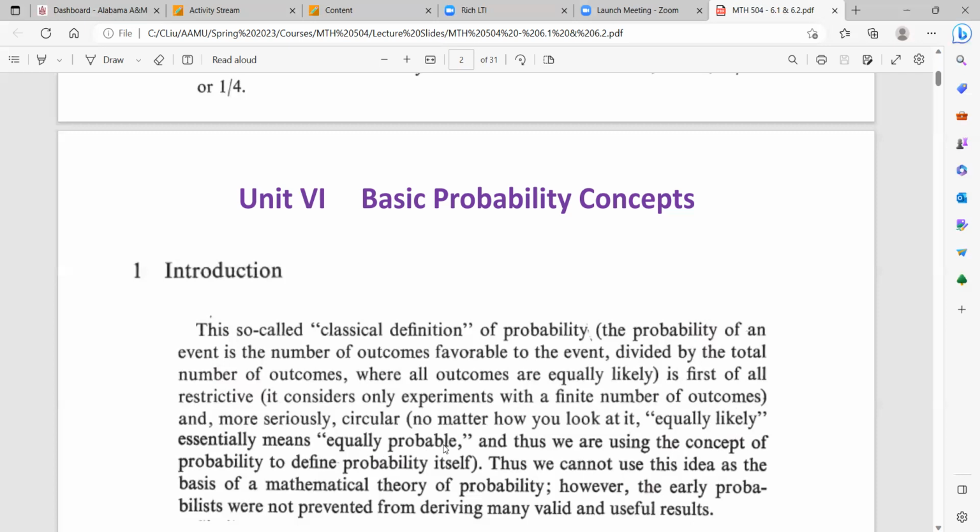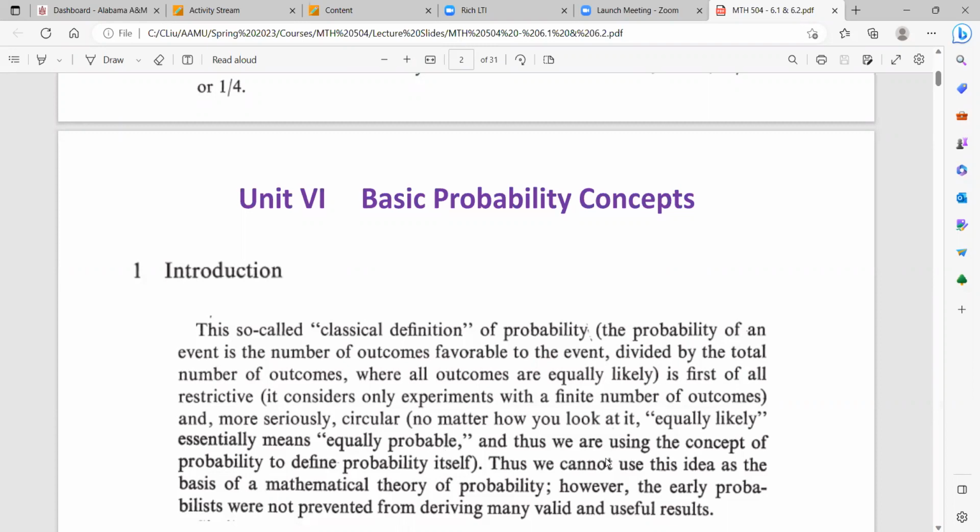That's a kind of circular definition: using the concept of probability to define probability itself. It's not rigorous mathematically. So we cannot use this idea of experiments as the basis of a mathematical theory of probability.